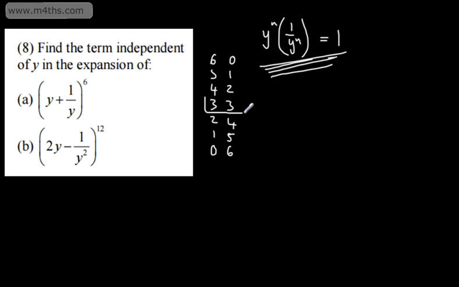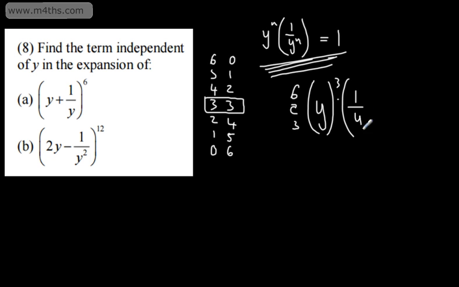If we look here, we can match these up. So I can write that this will be 6c3, and then we will have now y to the third, and then 1 over y to the third. That is going to give me the term independent of y.